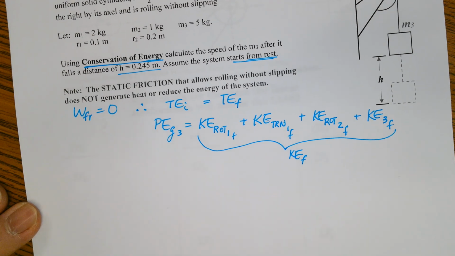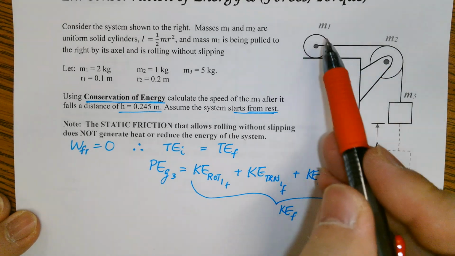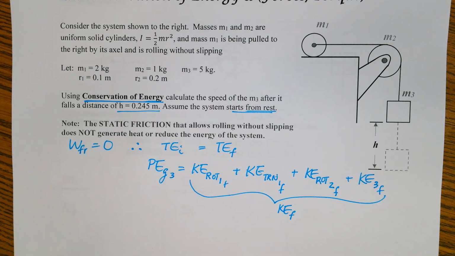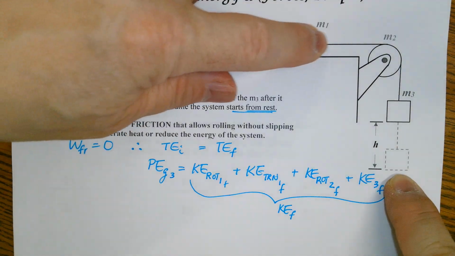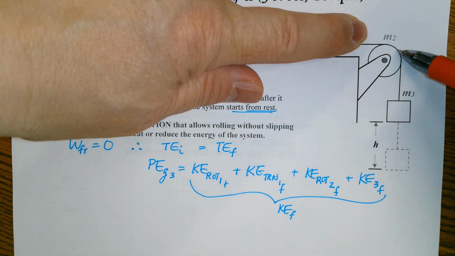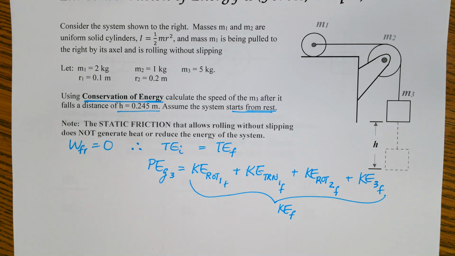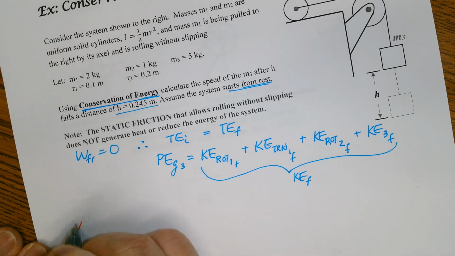It's good to know that because these masses are connected with this string, as long as the string does not stretch or shrink, when this has this speed, this has to have the exact same speed. And the tangential velocity of this pulley has to be the same as the translational velocity of all objects. So let's put that down there too.